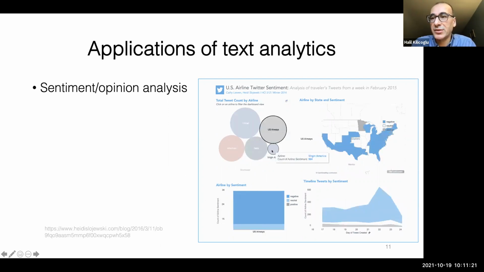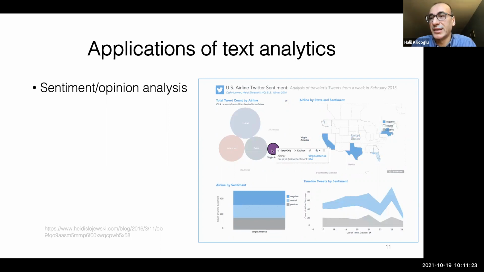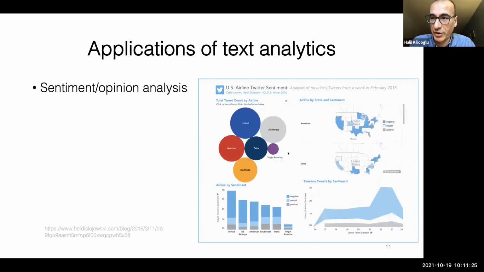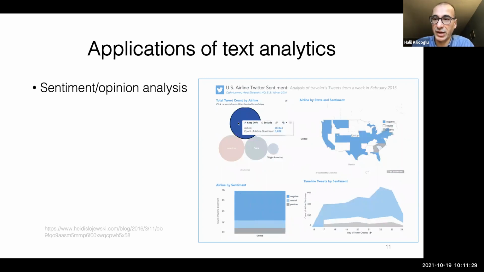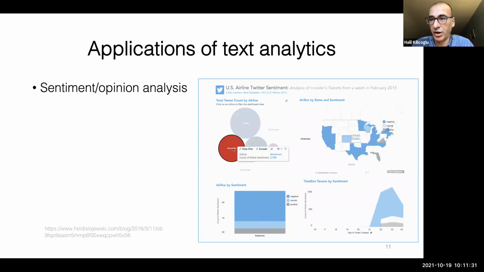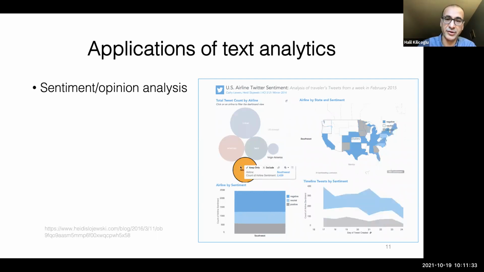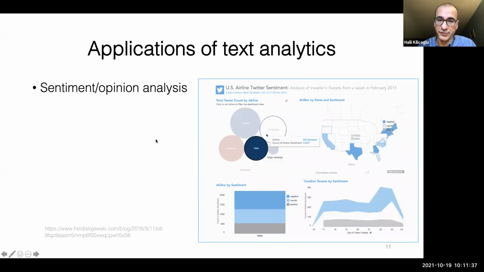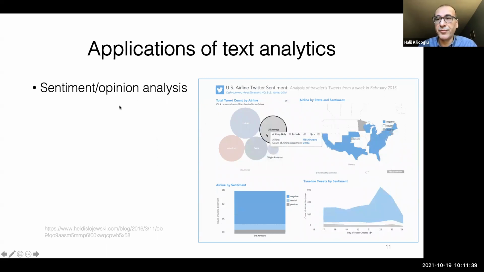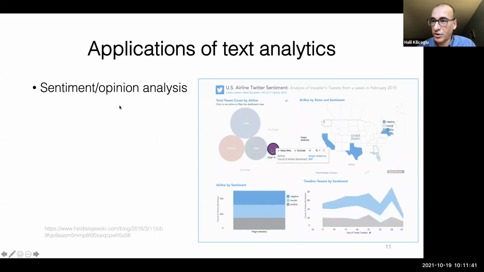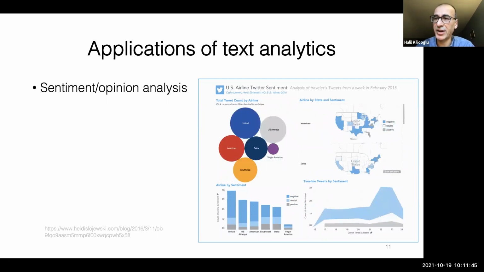Perhaps one of the biggest success stories for text analytics is sentiment and opinion analysis. This has been used for the last decade or so, although the research started much earlier than that, of course. Understanding customer sentiment over tweets, forum posts, etc., is sentiment opinion analysis.